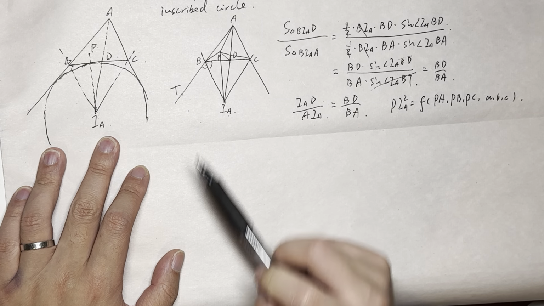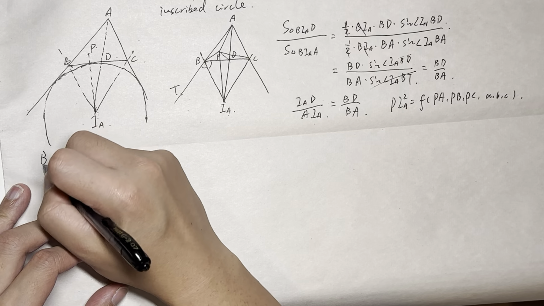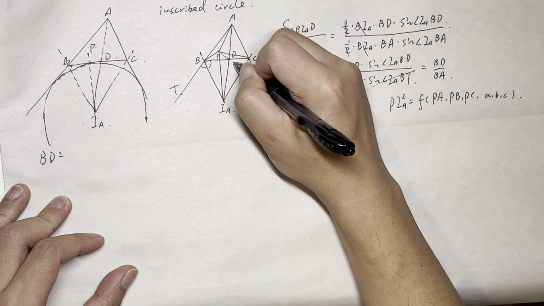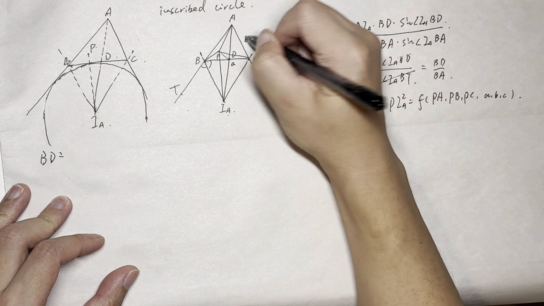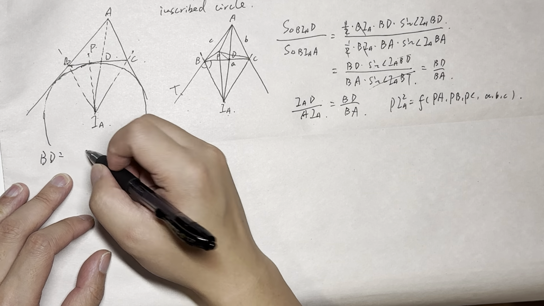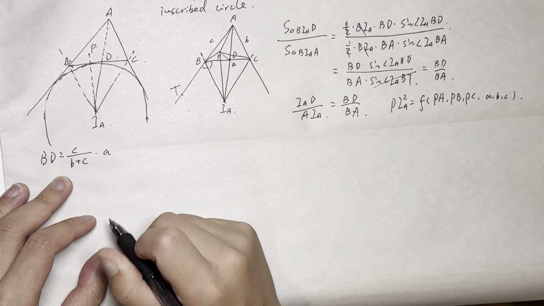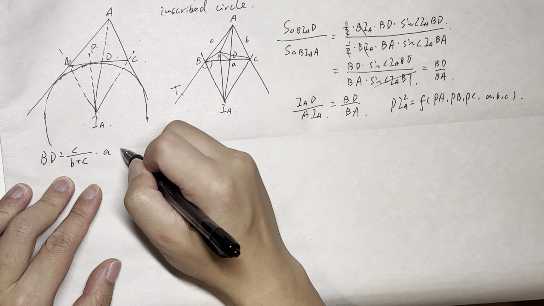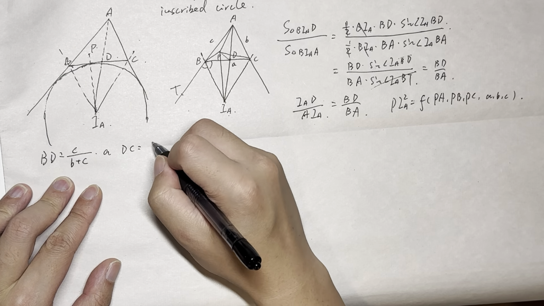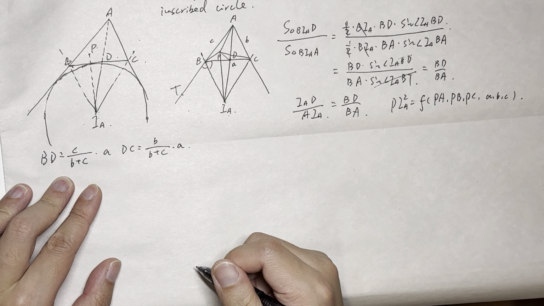What is BD? This is A, this is B, this is C. BD equals C to B plus C times A. And what is DC? DC equals B to B plus C times A, right?